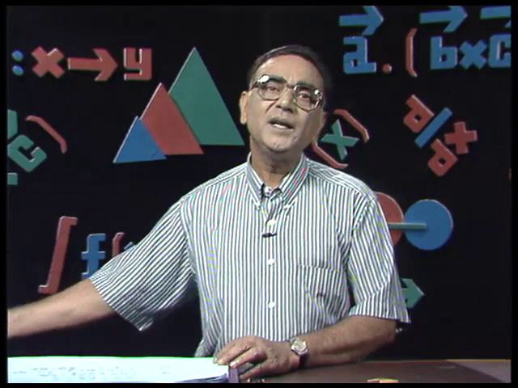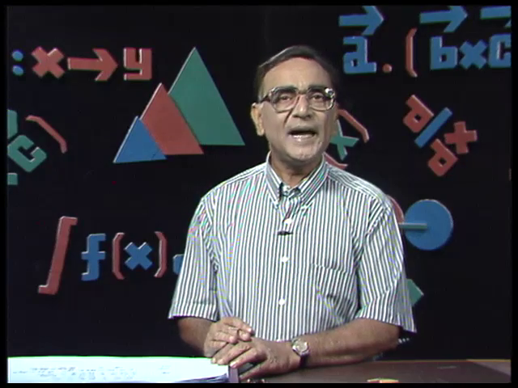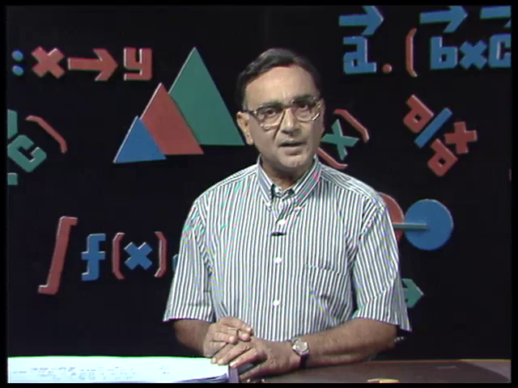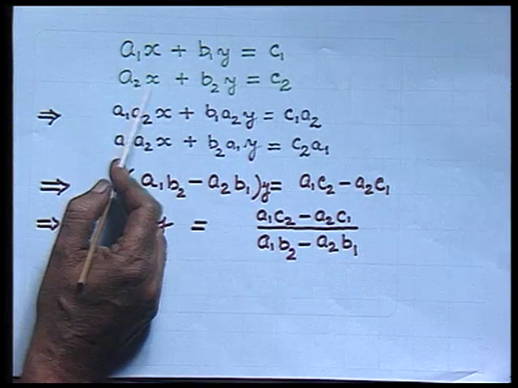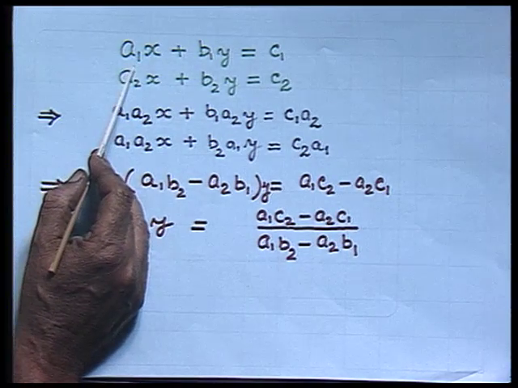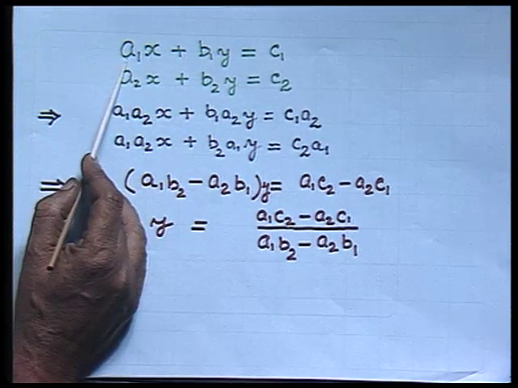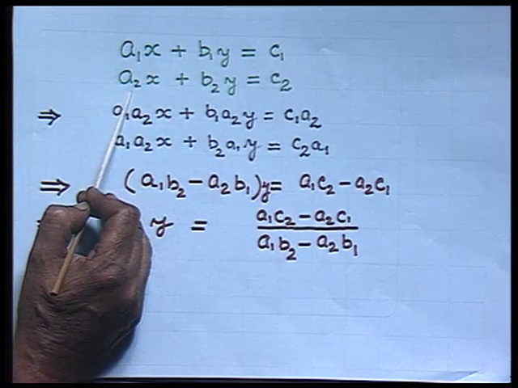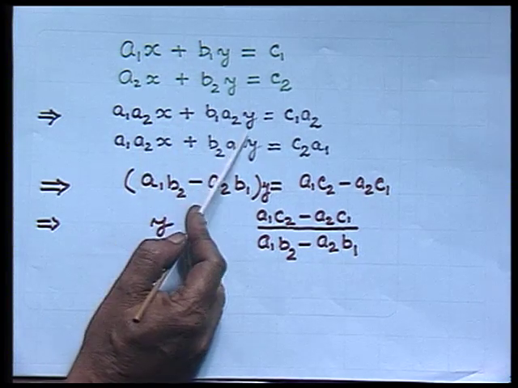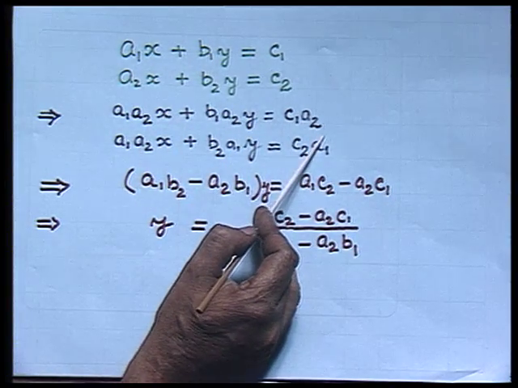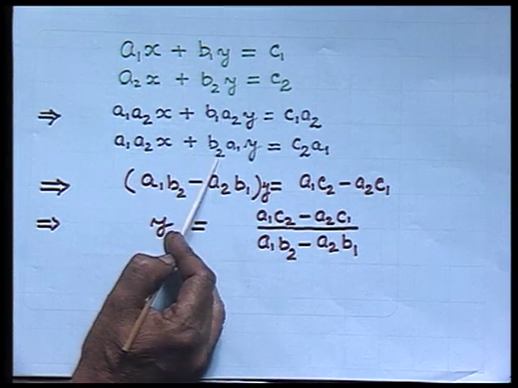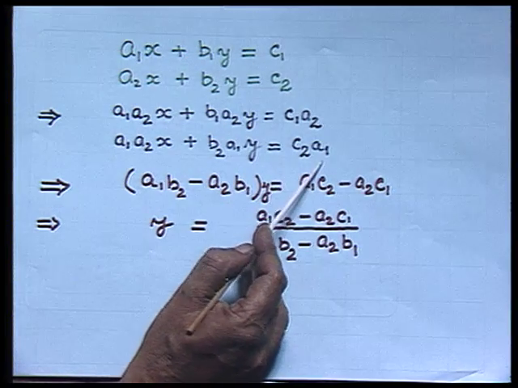So now the question arises that I have to get the value of y. That can be done either by substituting the value of x in any one of the equations or following the same method which I did right now. Here, since I want to get the value of y now, I will make the coefficients of x same. So multiplying the first equation by a2 and the second equation by a1, I will get a1 a2 x plus b1 a2 y equals c1 a2, and the second equation becomes a1 a2 x plus b2 a1 y equals c2 a1.